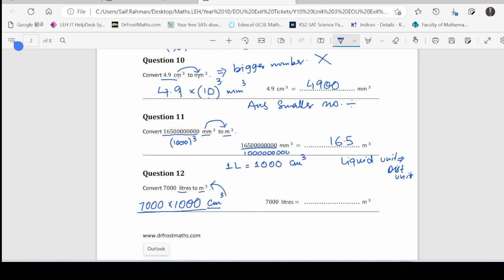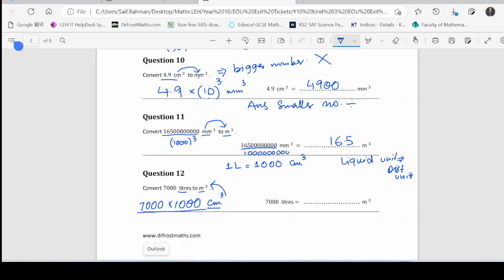And in this next question, centimeter cube to liters. So what we have to do is, 1000 centimeter cube is equal to 1 liter, right? So from a smaller number, we are going to a bigger number, right?